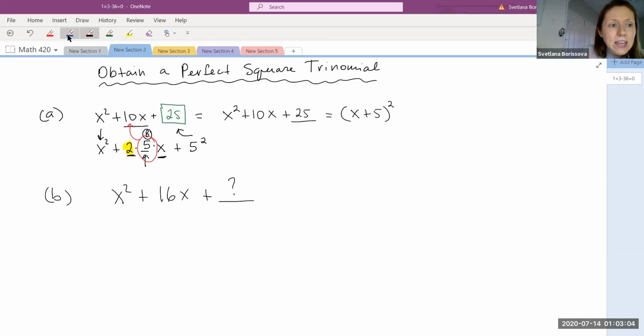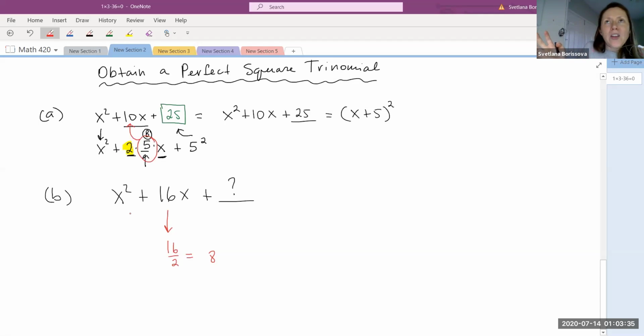That's how we'll think about it from now on. We're going to take that middle coefficient, which is 16 in our case. We're going to divide it by 2, and that is 8, right? So within 16, we have 2 times 8. So 8 is the hidden number this time. And that's the number that has to be squared and added at the end of that expression to obtain a perfect square trinomial.